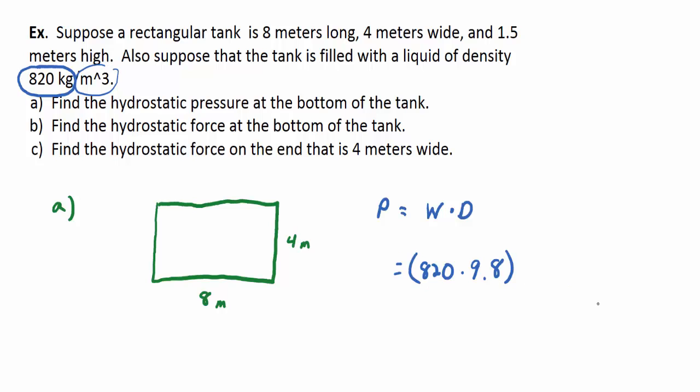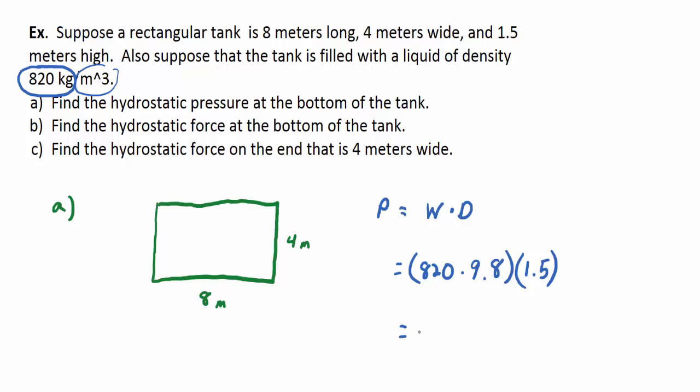And then what's your depth? Well, how much of the tank is filled? The whole thing is filled, right? Yeah, it's filled with the liquid. It's 1.5 meters high, so the depth of the bottom of the tank would be the full 1.5 meters. There's your depth. And what units should that be in, since it's important to keep this in mind?